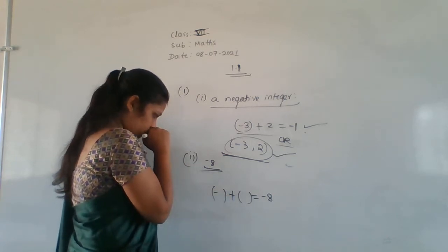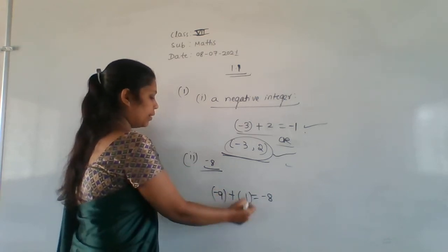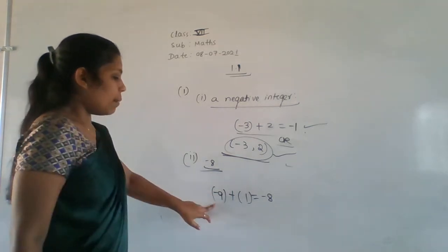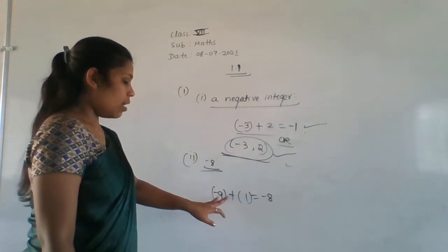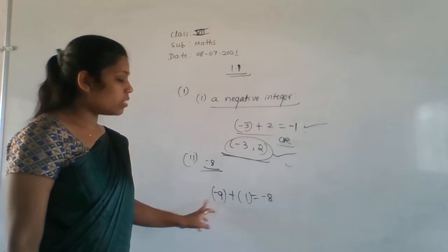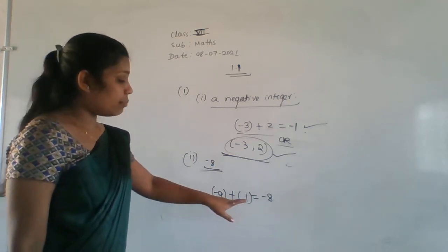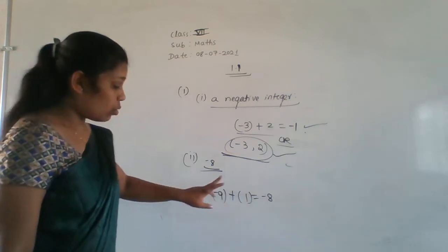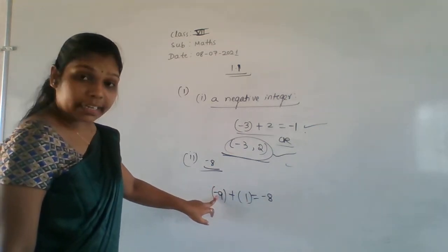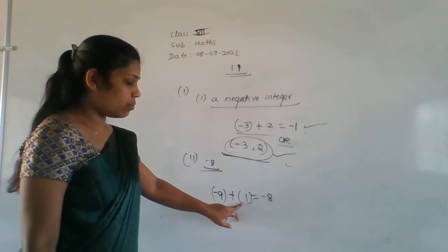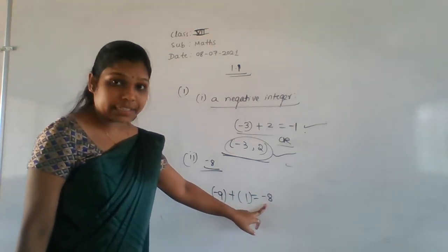Minus 9 and plus 1. One is minus, one is plus, so you have to subtract the values. 9 minus 1 is 8. And what is the sign of the bigger number? Minus. So minus 9 plus 1 will be minus 8.